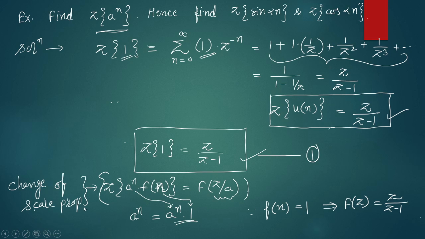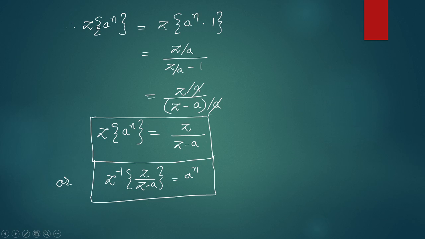Now, for Z transform of a to the power n, we apply this change of scale property. A to the power n into f of n, here a to the power n as it is into 1, that means f of n equal to 1, then f of z is z upon z minus 1.